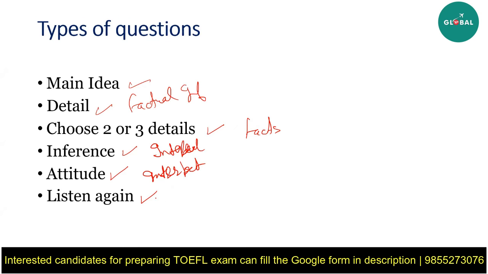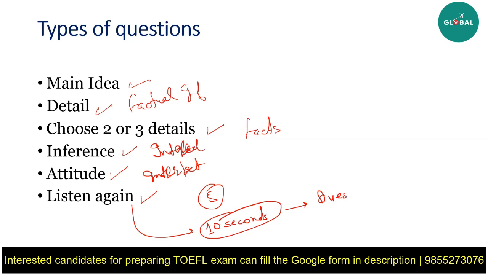And listen again question. In these questions, just suppose your entire audio clip was 5 minutes. In the listen again kind of question, you would get once again a sound clip of, just suppose, 10 seconds. And you would be asked a question on the basis of that 10 second audio clip, okay?